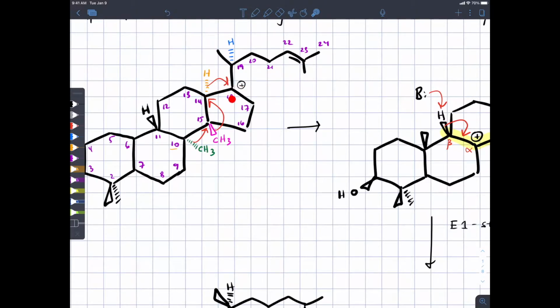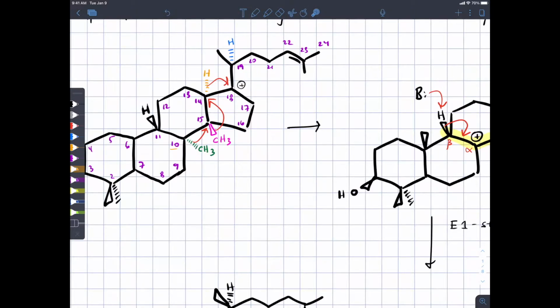For example, with carbon 18, we're not going to move over a CH bond from carbon 17 because that would give us a less stable secondary carbocation. Instead, we move the one on 14. Similarly, once we have the positive charge on 14, we move this methyl group so we can have it on 15. So it's this process of going from one tertiary carbocation to another.